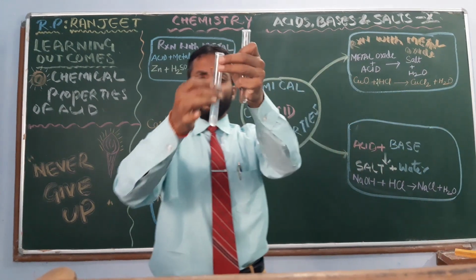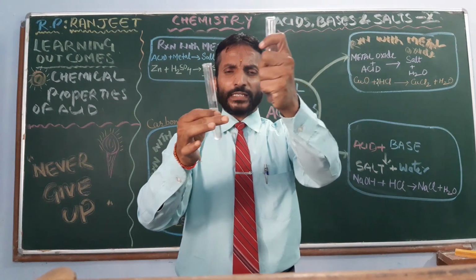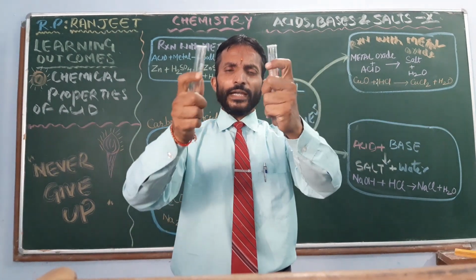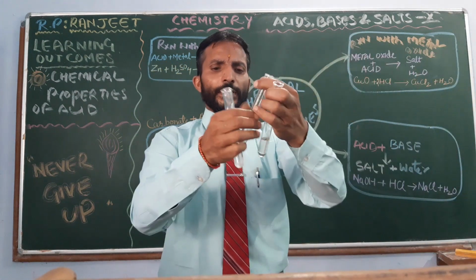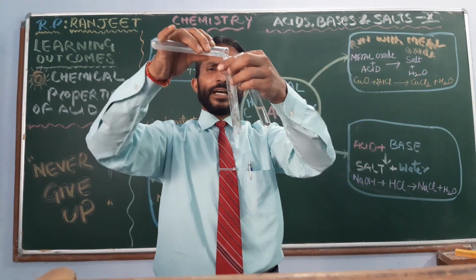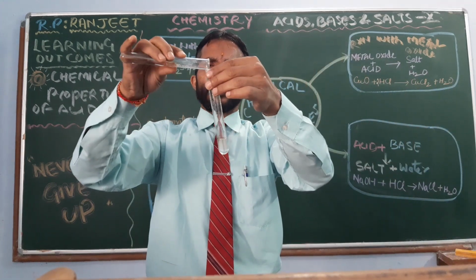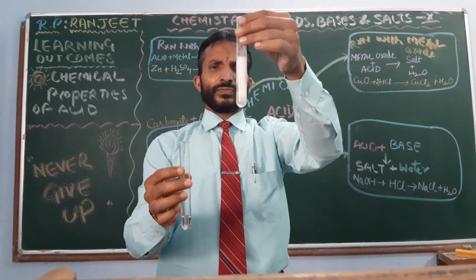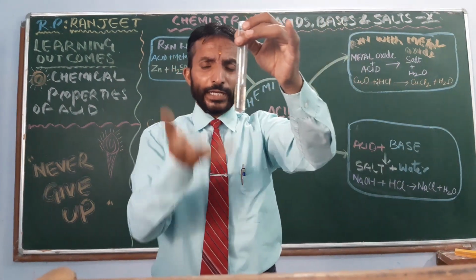Demo: I have sodium hydroxide in this test tube and sulfuric acid in this test tube. When I react them, in another test tube I will take a small sample of sodium hydroxide and transfer a small sample of the acid. The reaction is exothermic, heat is evolved.